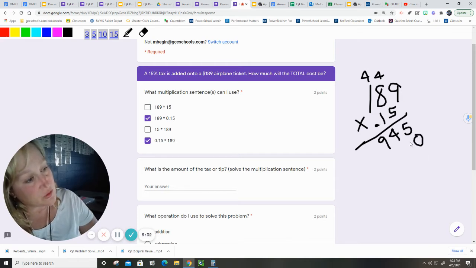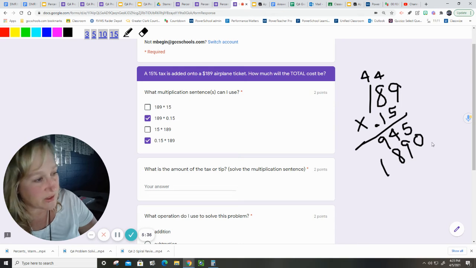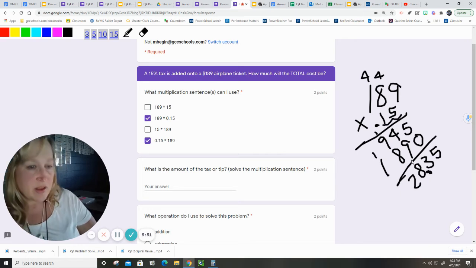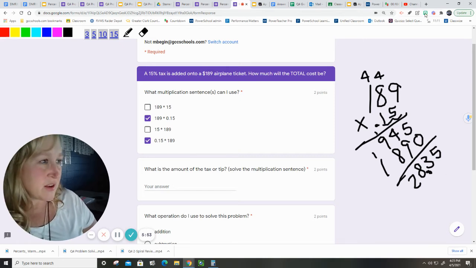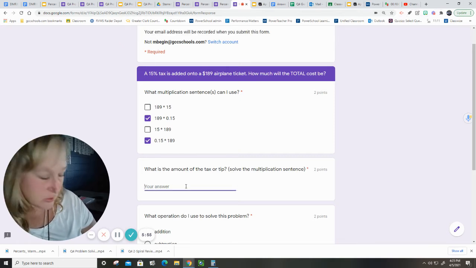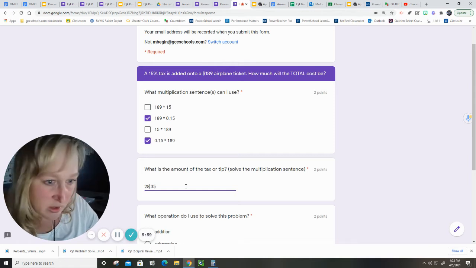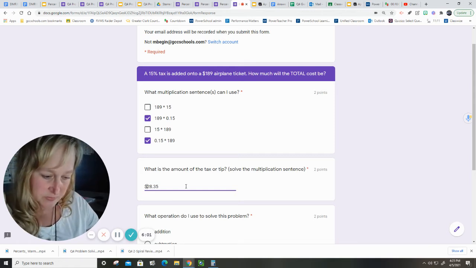Need my placeholder, 9, 8, 1. That's a 13, carry the 1. This is an 18, carry the 1. So it looks like a weird number. I have 2 decimal places, so I have 2 decimal places here. Sounds like it cost me $28.35, and I need to make sure that I have my dollar sign.